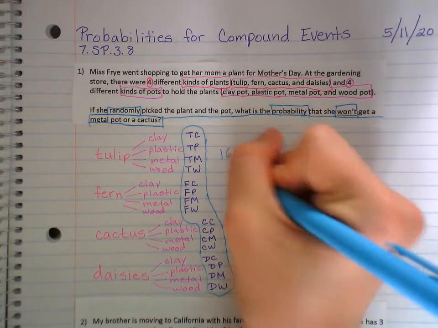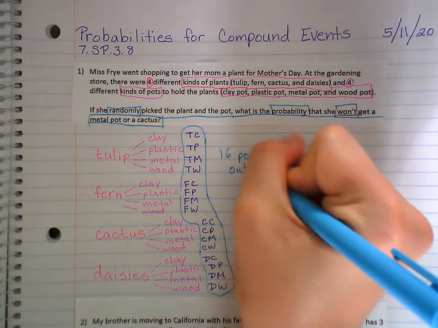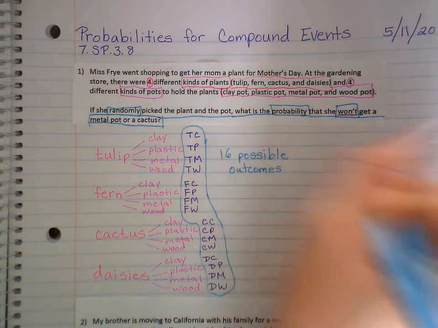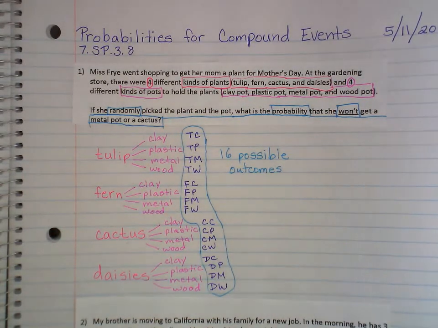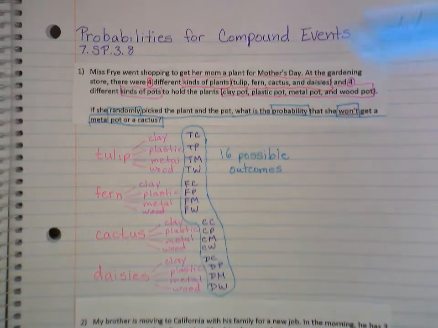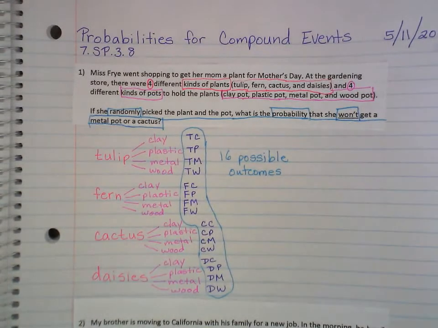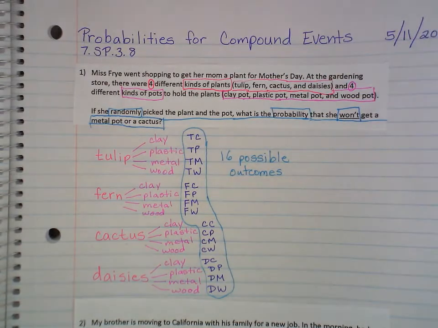Okay, so that is what we learned. This is what we learned how to do on Friday. And thank you for the few of you that actually watched the video and turned in your extra credit. So we have 16 possible outcomes for the kinds of plants and the pots.